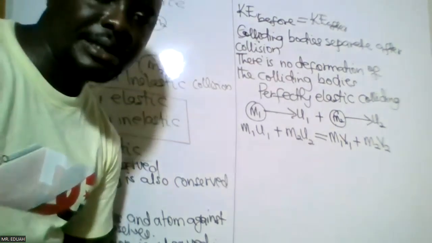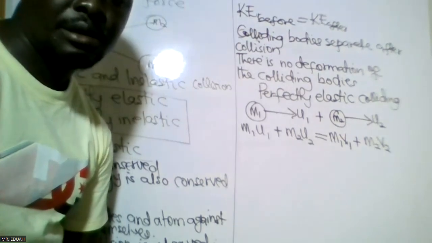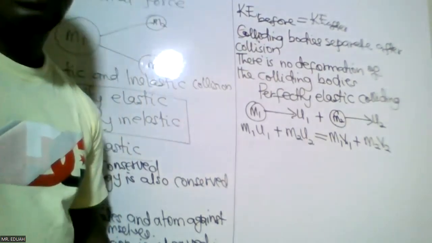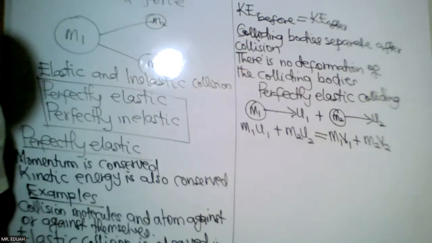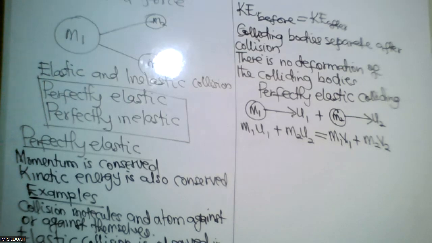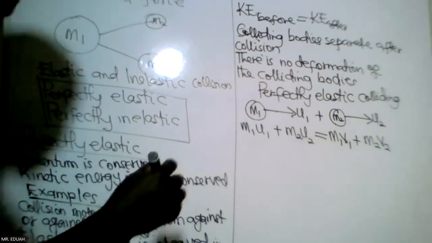Okay. And since kinetic energy is also conserved, let's write an equation for conservation of kinetic energy. Kinetic energy is half mv squared.